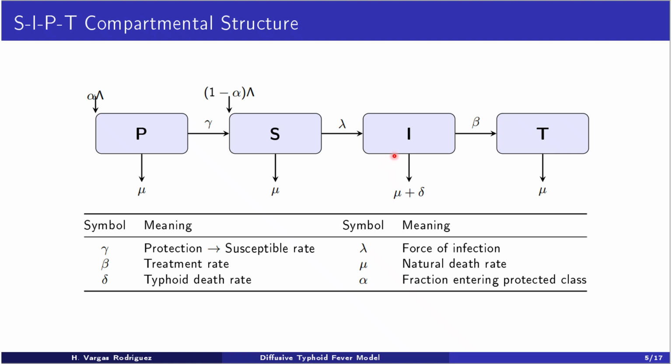Infected individuals receive treatment at the rate beta and move to the treated class T. We assume that treated individuals do not get reinfected. All classes experience natural death at the rate mu, and the infected class has an additional disease-induced death rate delta. The table below summarizes each parameter.